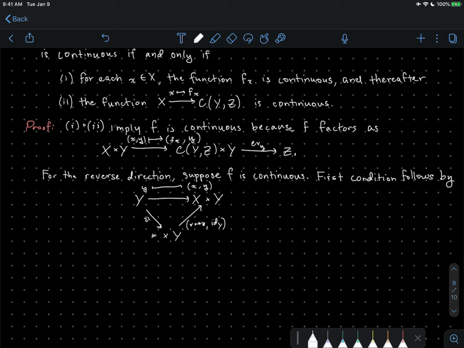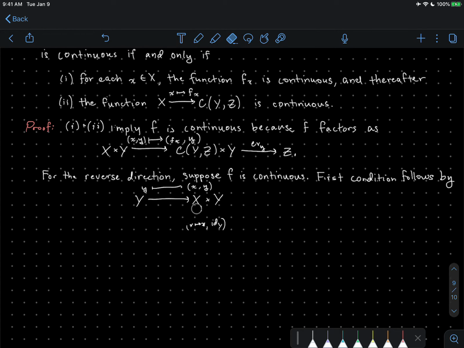Anyway, that may have been more confusing than helpful. Okay, and then we follow that by f. Right, so this ends up being f sub x.